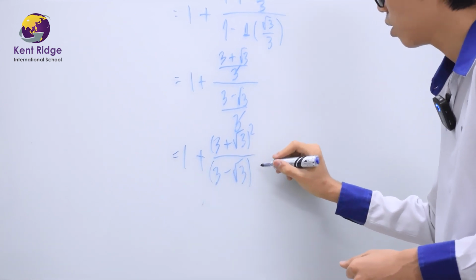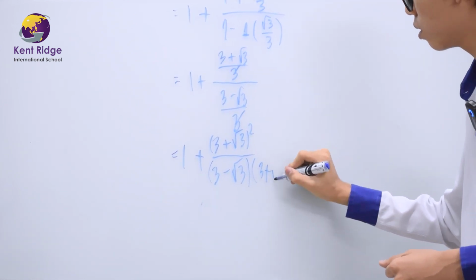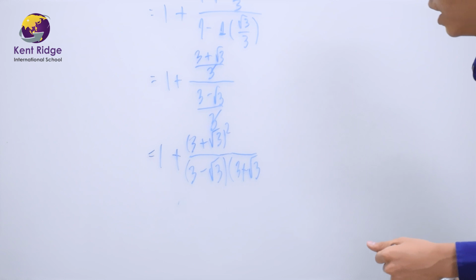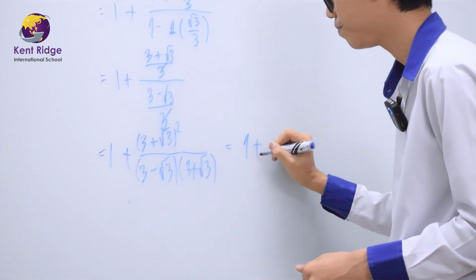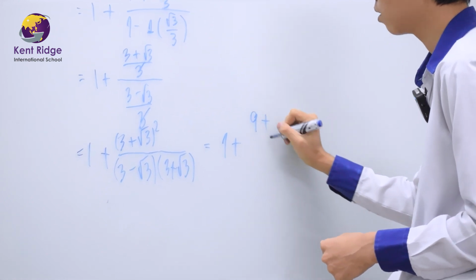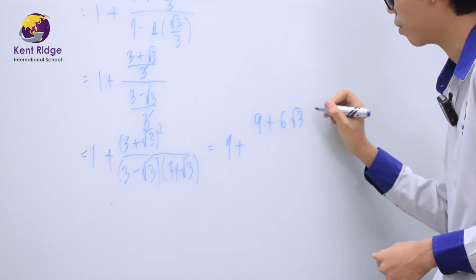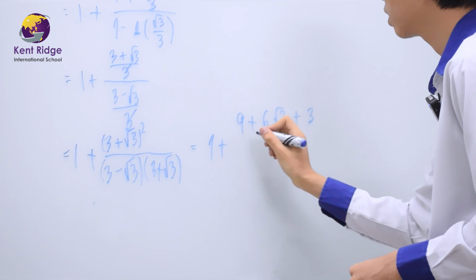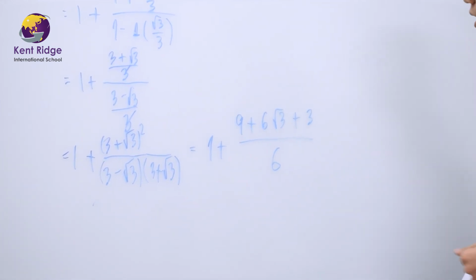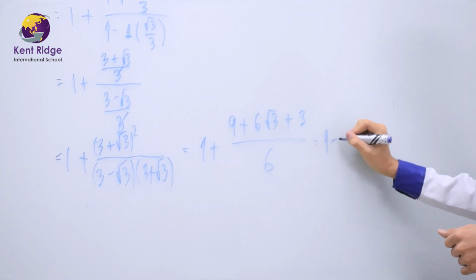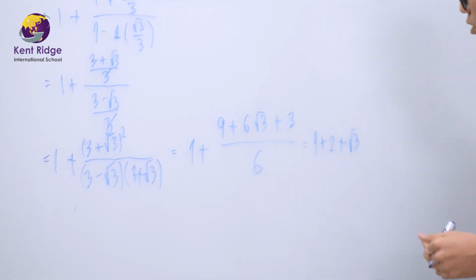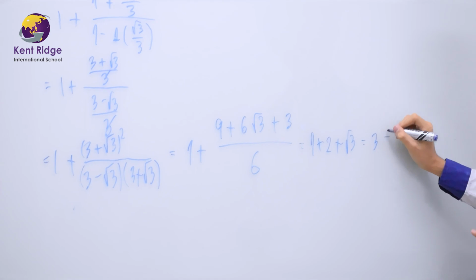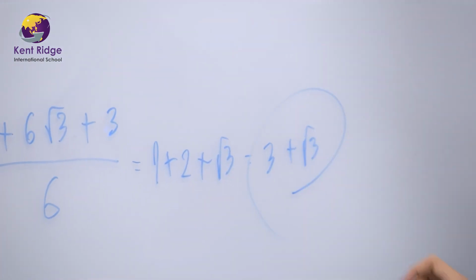And this will go into, now we can just expand this outward. We have (9 plus 6 square root 3 plus 3) over 6. Now, this will turn out to be 2 plus square root 3. The answer is 3 plus square root 3.